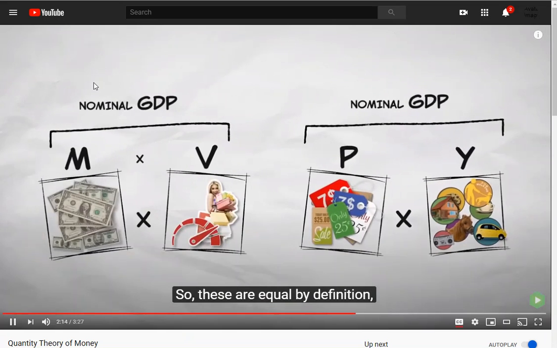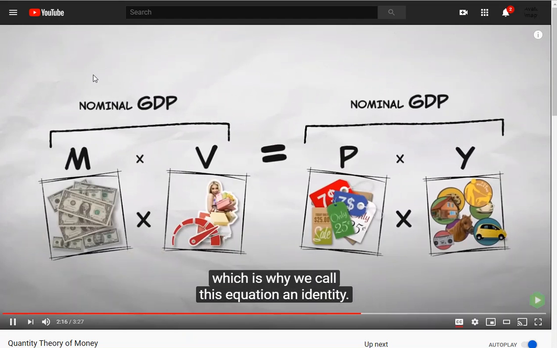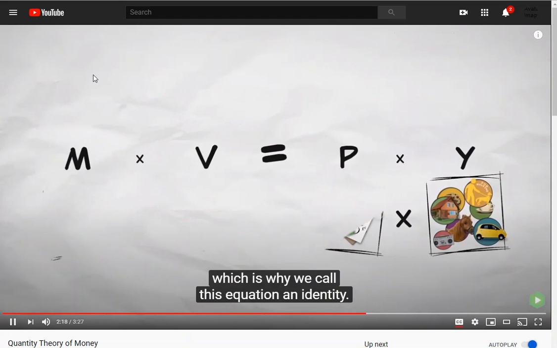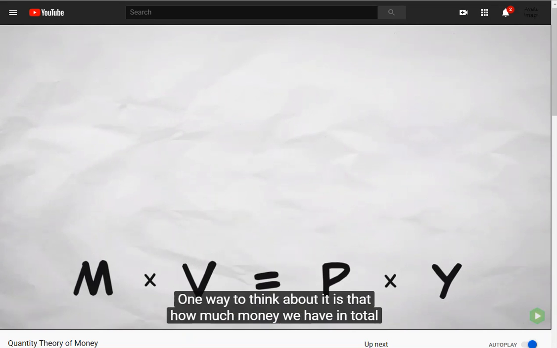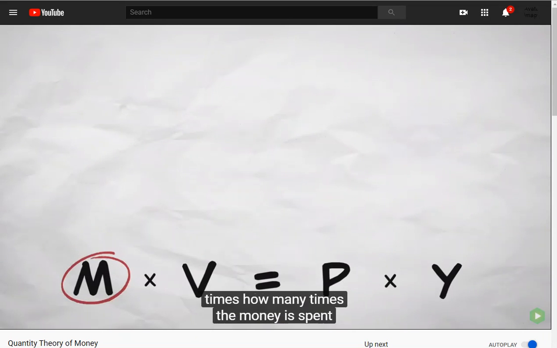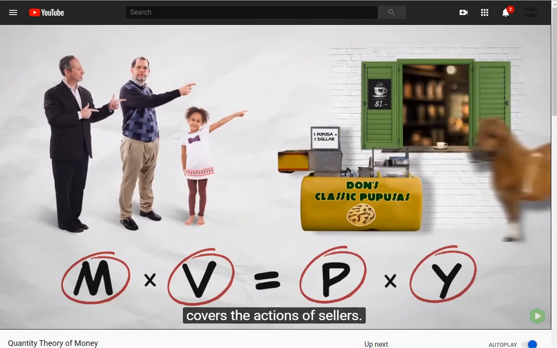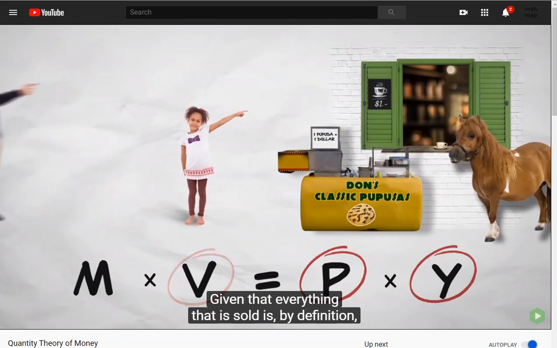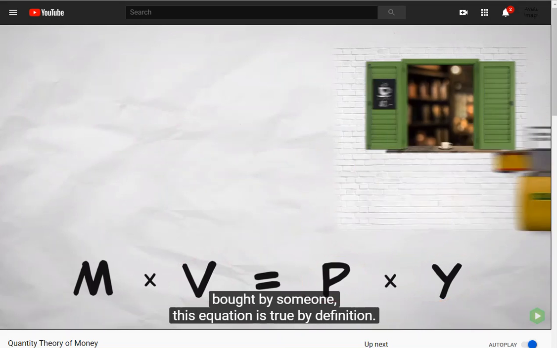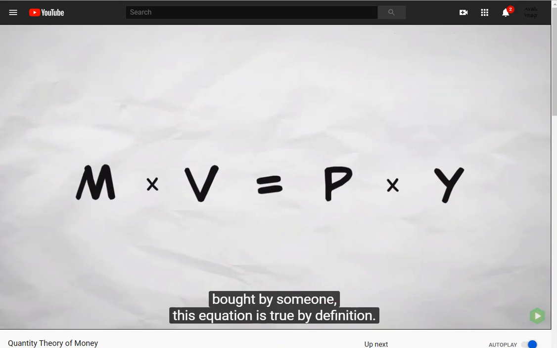So, these are equal by definition, which is why we call this equation an identity. One way to think about it is that how much money we have in total times how many times the money is spent covers the actions of buyers. The stuff we sell times the prices we charge covers the actions of sellers. Given that everything that is sold is, by definition, bought by someone, this equation is true by definition.